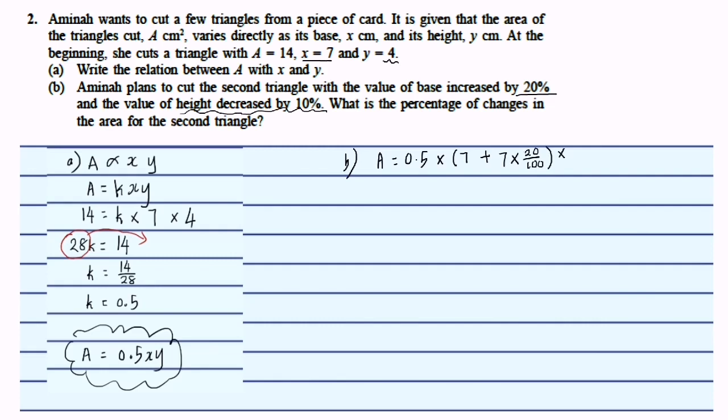The original height is 4 cm, so it means 4 minus 4 times 10 over 100. This gives 15.12 centimeter square.